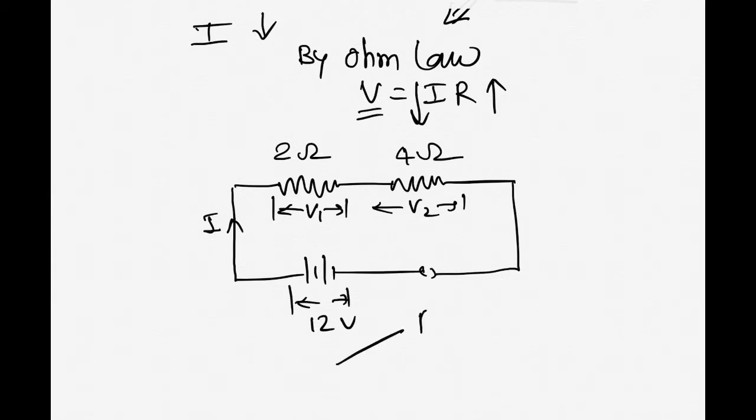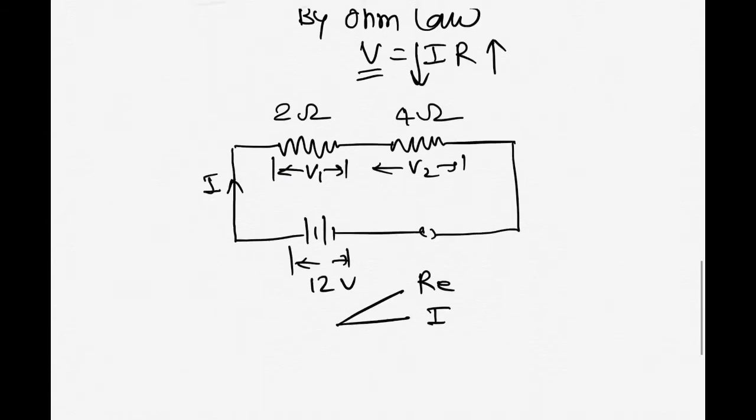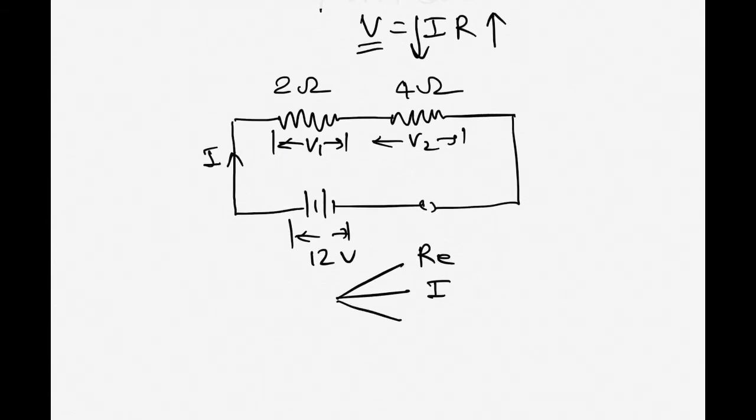Okay, let's consider that. So here 4 things we have to measure. The first one is the equivalent resistance of the combination of these two resistors. The second is the current I flowing through the circuit. The third one is the voltage drop across individual resistors like R1 and R2.